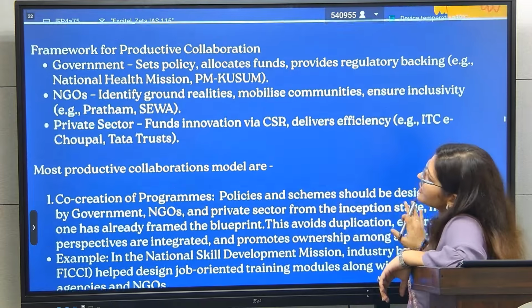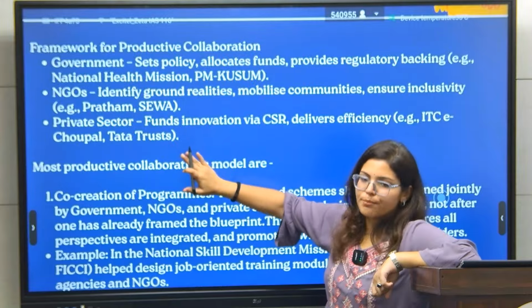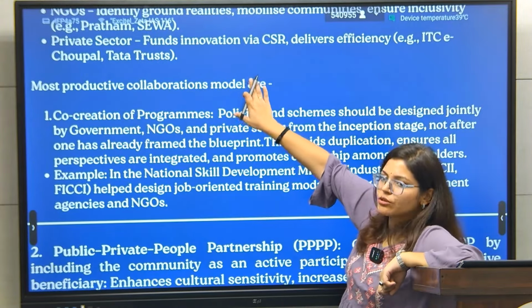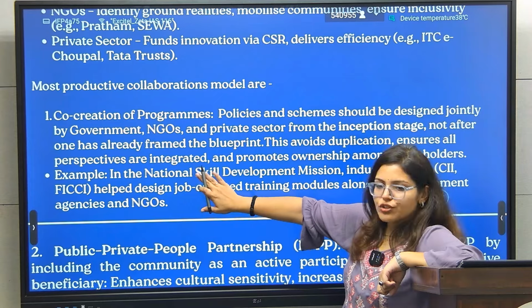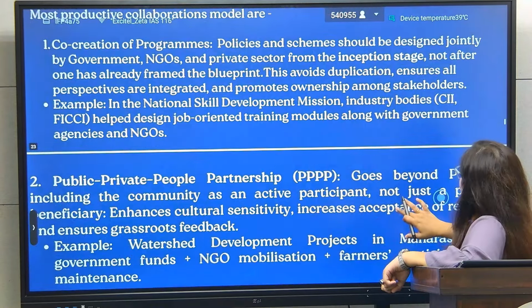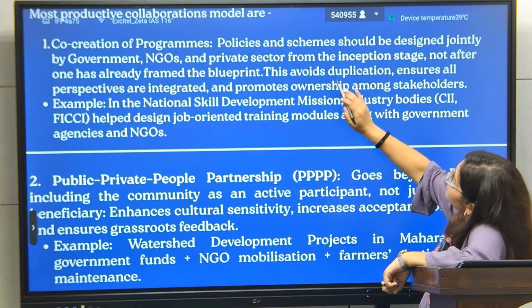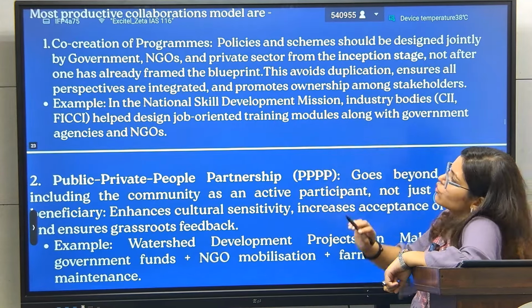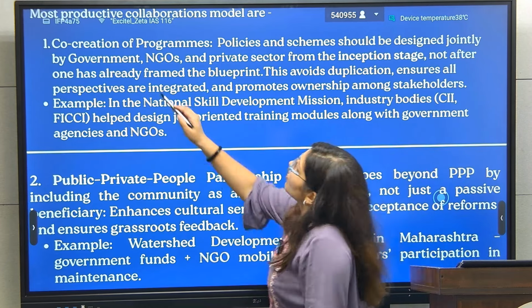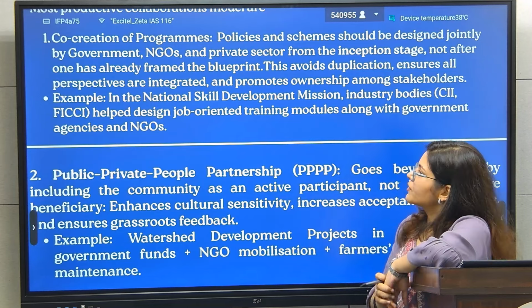If you have space, then write the basic strength of government, NGO or private sector, or otherwise start with the most productive collaboration model. First is co-creation of programs, that the policies and schemes should be designed jointly by government, NGO, private sector from the inception stage. So while making the policy, these government, NGO and private sector were there to design the policy.